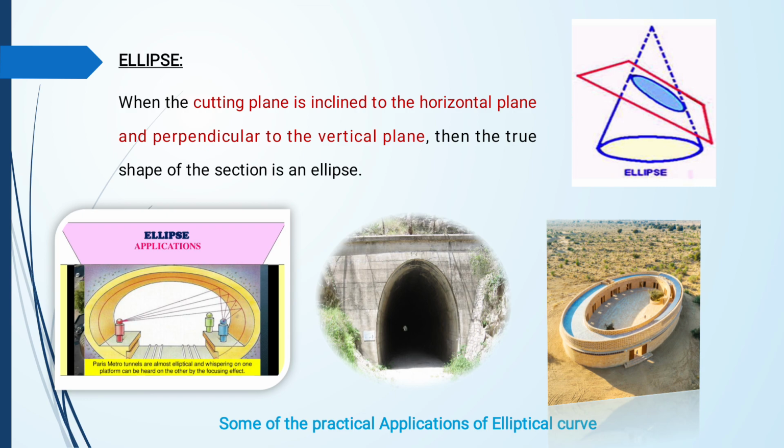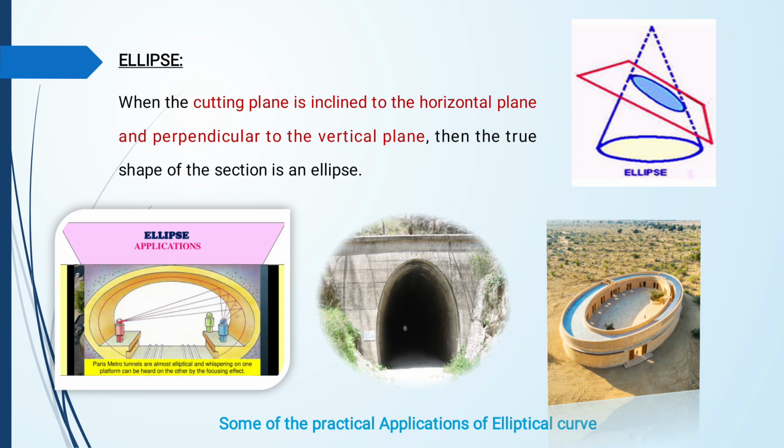A small mistake was made in the sentence. The cutting plane is inclined to the horizontal plane and perpendicular to the vertical plane. Then the shape of the curve is called an ellipse.